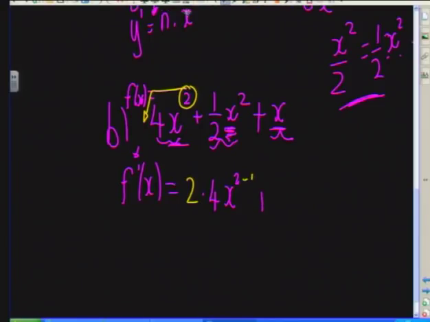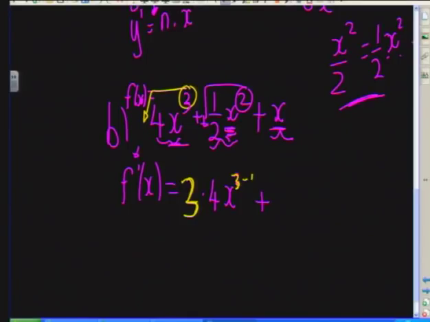And I'm going to do that for every single term. So it's going to be plus, and then again, I'm going to bring this 2 and multiply it to the half. This was actually a cubed, guys. Sorry, my mistake. The question was originally a cube, and I just took it down incorrectly. So that's a 3, and that's a 3.